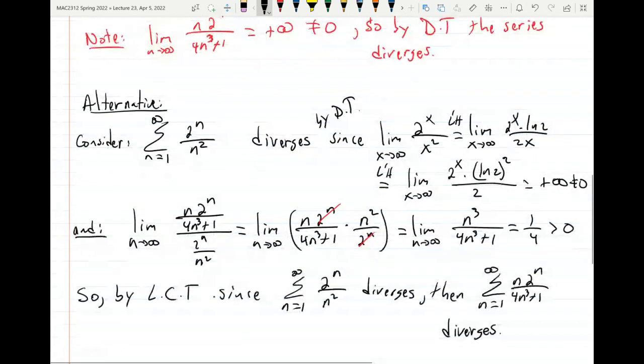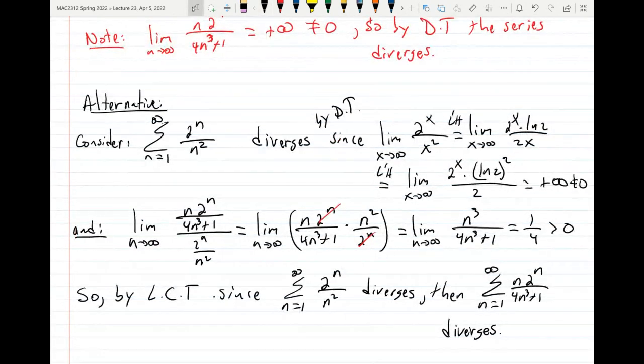So I guess the point here is that you don't have to use limit comparison test with a p-series only. You can use it with any other series. As long as everybody is positive and the limit is a number greater than 0, they will behave the same.